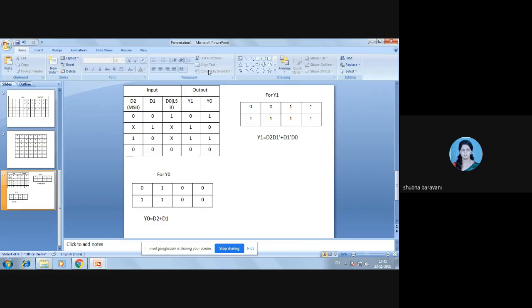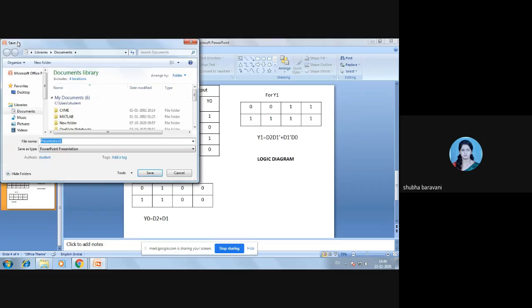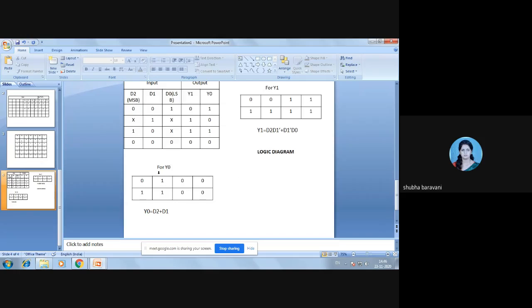You have to do this, and you try to put the logic diagram for this. Anything you could verify? Why not verify किया?